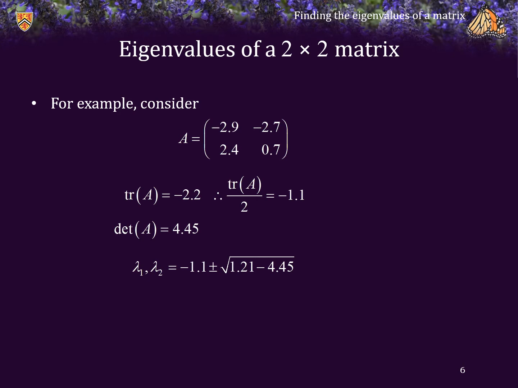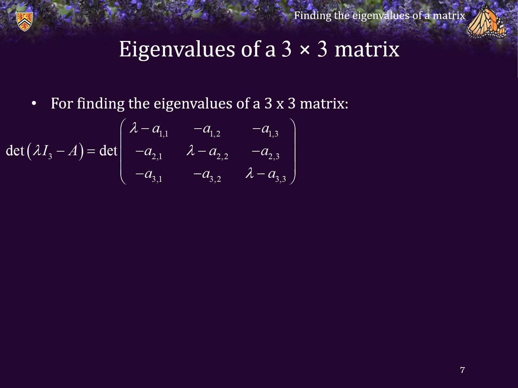Therefore, the eigenvalues are negative 1.1 plus or minus the square root of negative 1.1 all squared, which is 1.21, minus the determinant. That's just negative 1.1 plus or minus root negative 3.24, so clearly they are imaginary or complex eigenvalues. And that's just negative 1.1 plus or minus 1.8j.